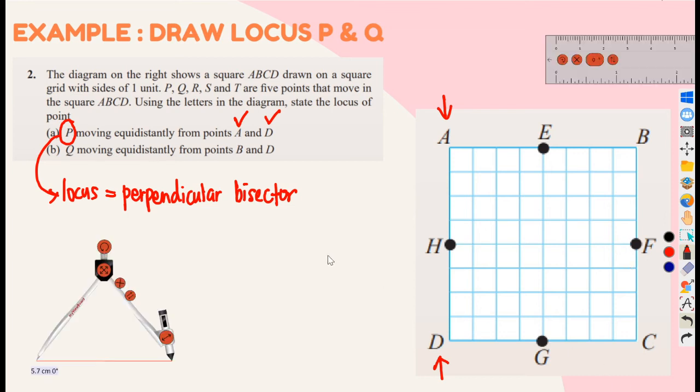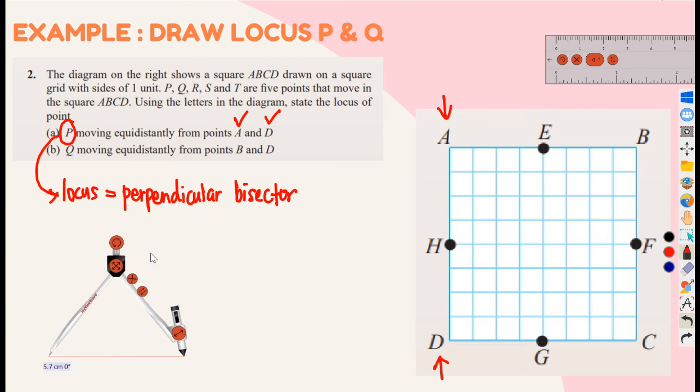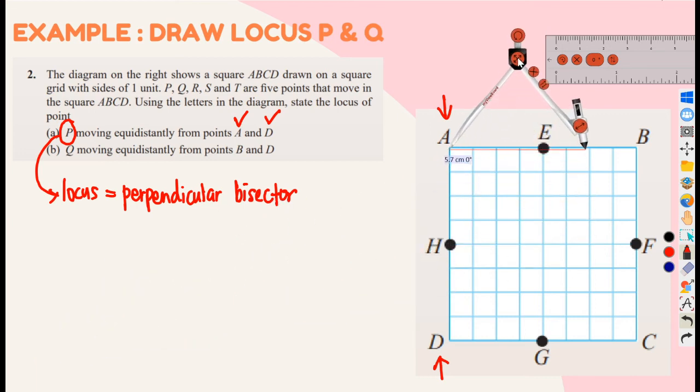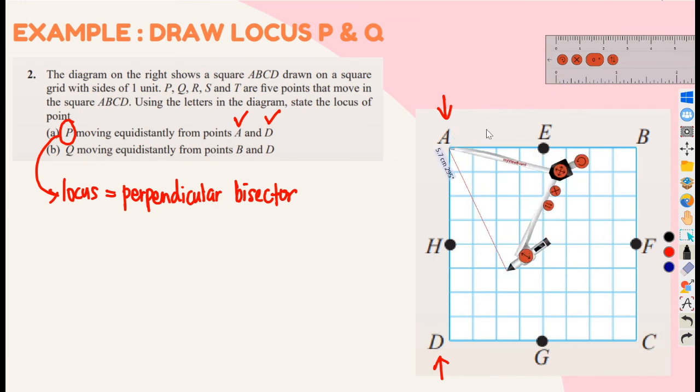To draw the perpendicular bisector, you need to have compasses and also a ruler. From these 2 points, take your compasses. Make sure it is set to the two fixed points.